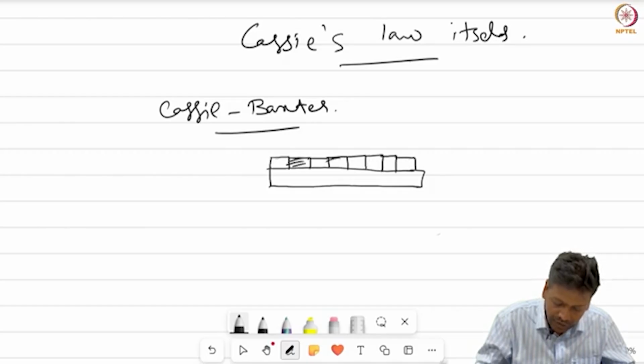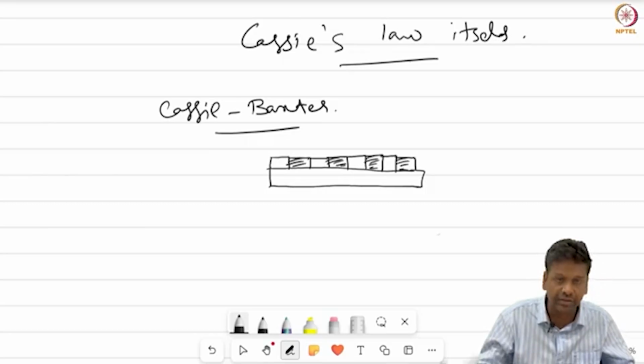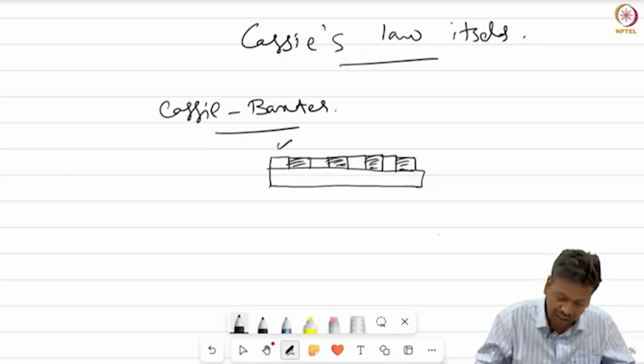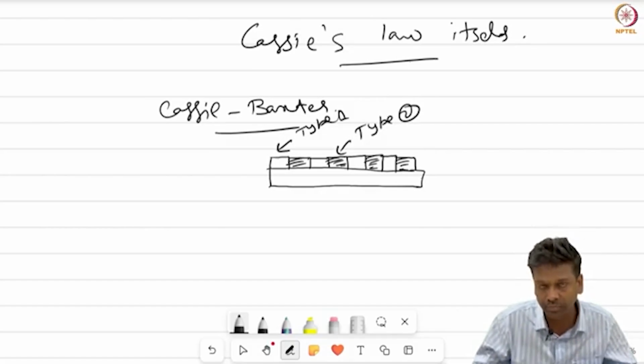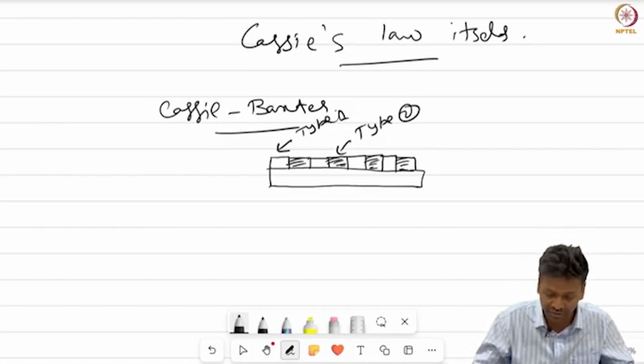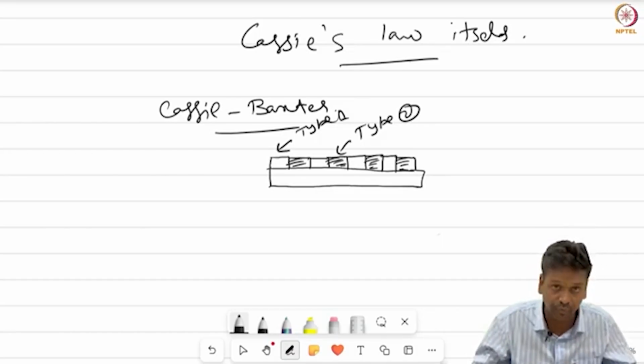So you have, let's say in this case, type 1 impurity and type 2 impurity. So we considered two types of impurities in this case, just to understand. For brevity, we have just considered two types of surfaces, but one can have numerous types of surfaces as well.